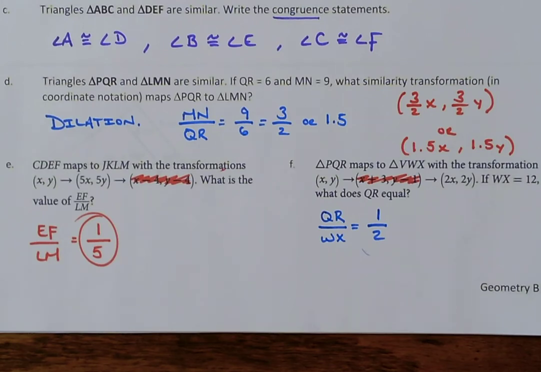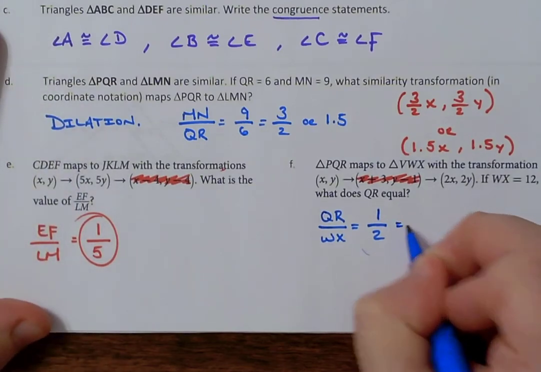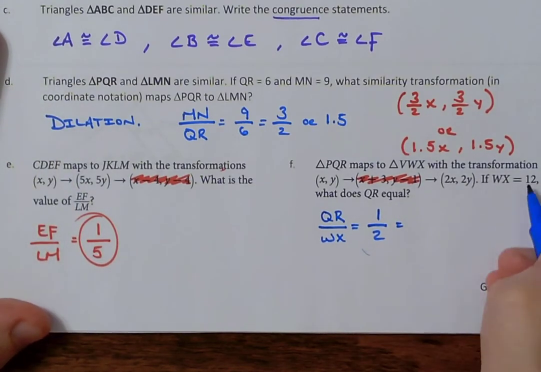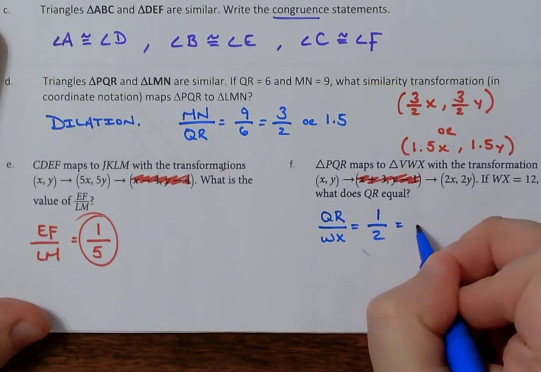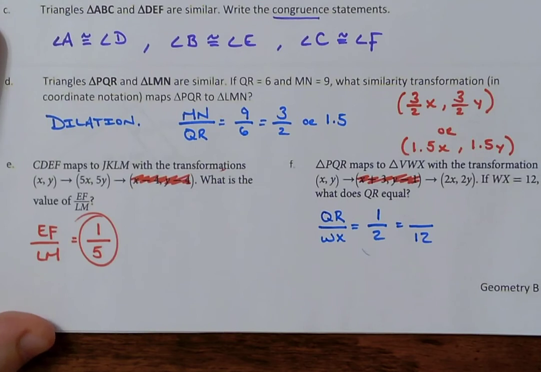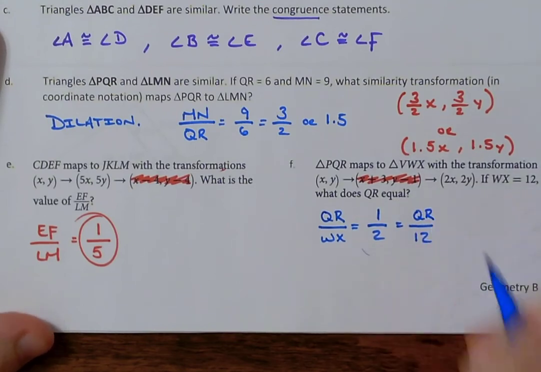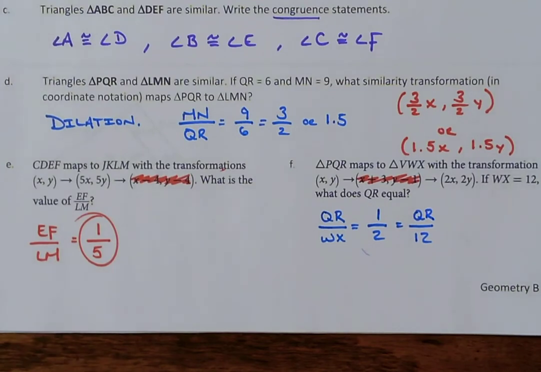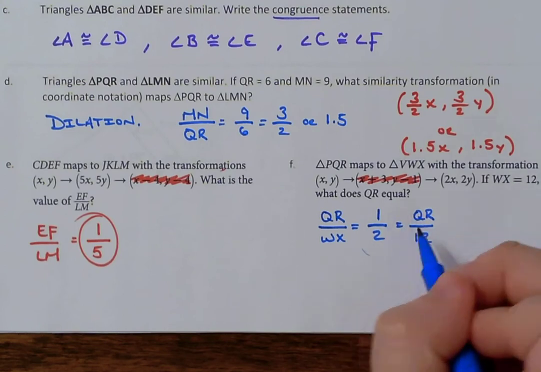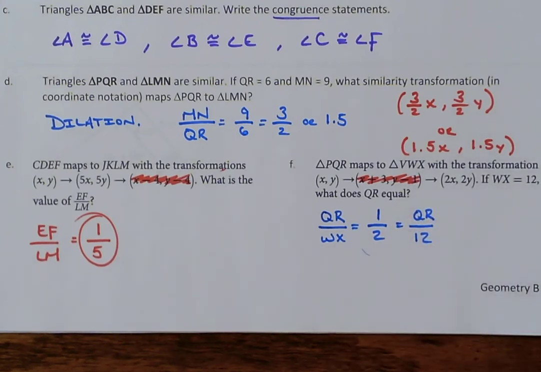All right, so if we have 1/2, now what we're going to do is set this equal to, if WX is 12, and then we want to figure out what QR is. So we need to figure out that value of QR. So what we're going to do here is just cross multiply and then divide.